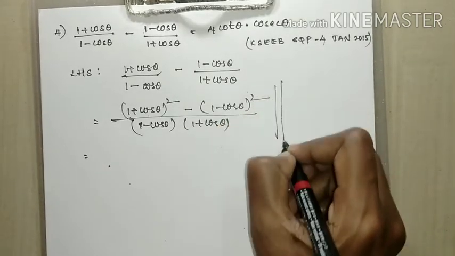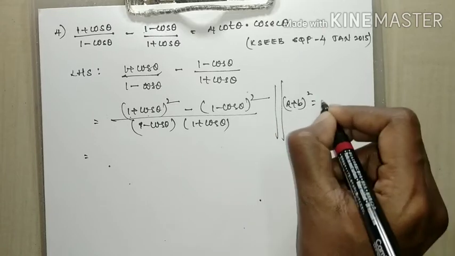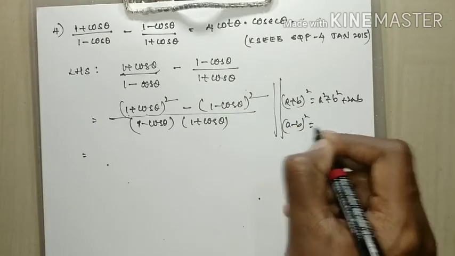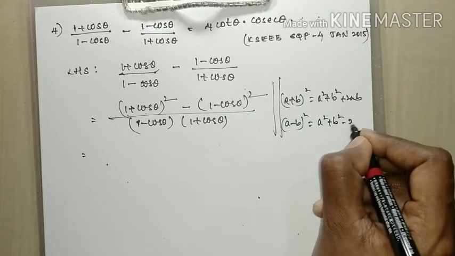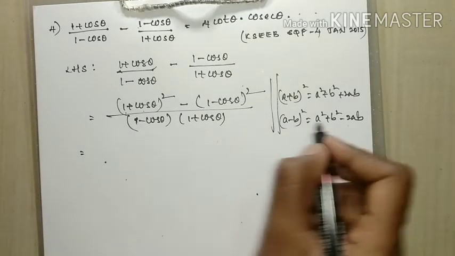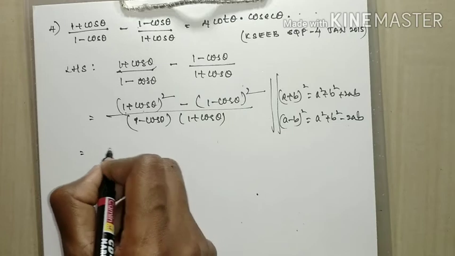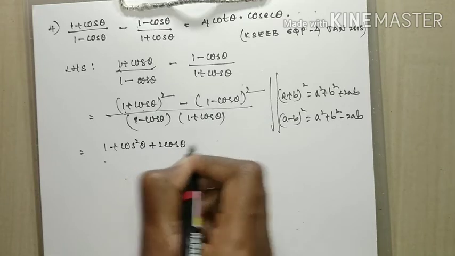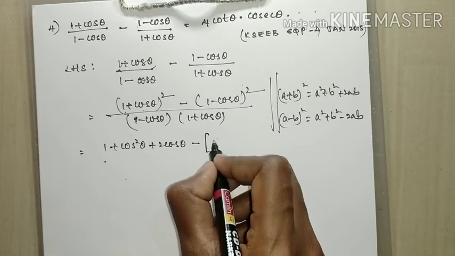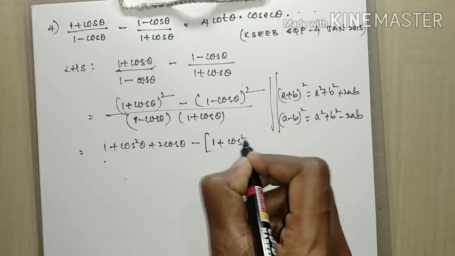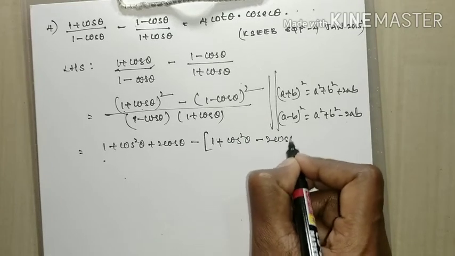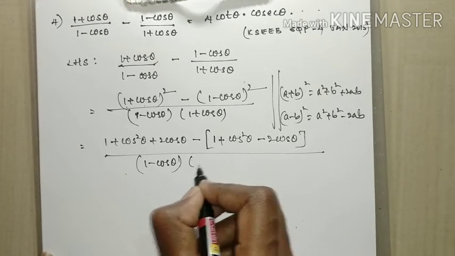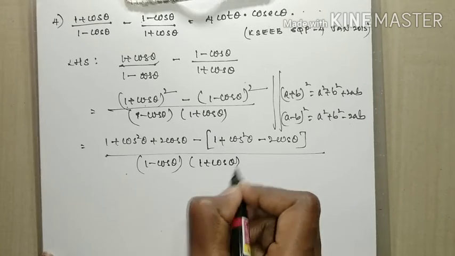Now you know well (a plus b) whole square is a square plus b square plus 2ab, and (a minus b) whole square is a square plus b square minus 2ab. So let me write this in the form of (a plus b) whole square, that is 1 plus cos square theta plus 2 cos theta, minus, open the bracket, 1 plus cos square theta minus 2 cos theta, divided by 1 minus cos theta into 1 plus cos theta.